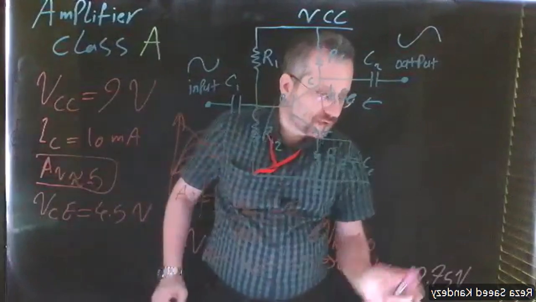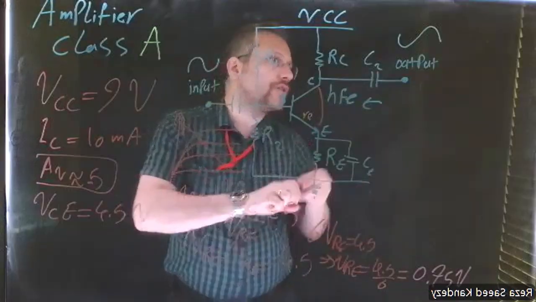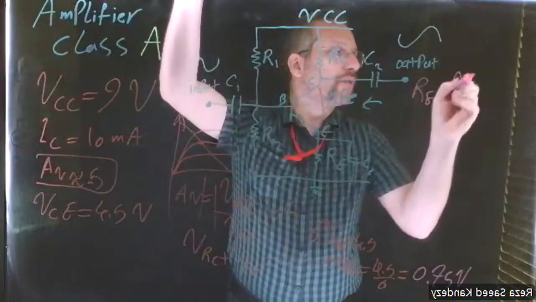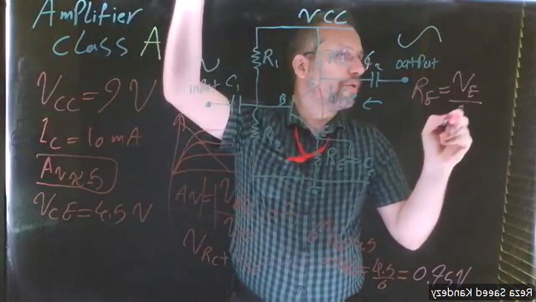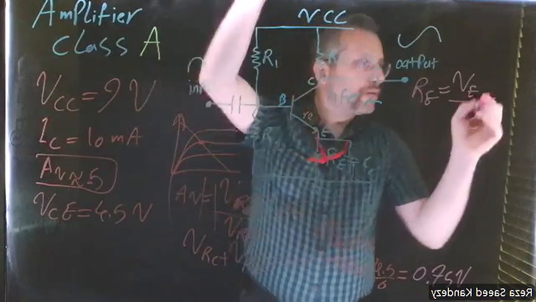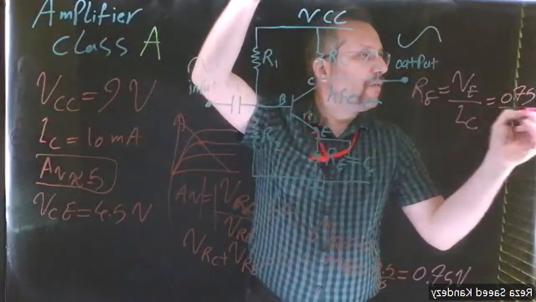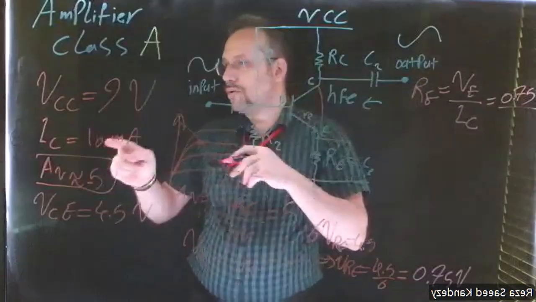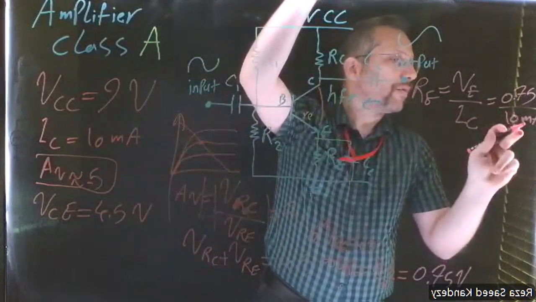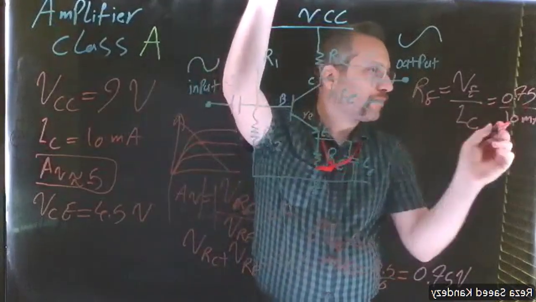Now that I have the voltage of the emitter, this is the voltage across RE. So I can see that RE is that voltage over the collector current, which means 0.75 over our collector current, which was 10 milliamp.